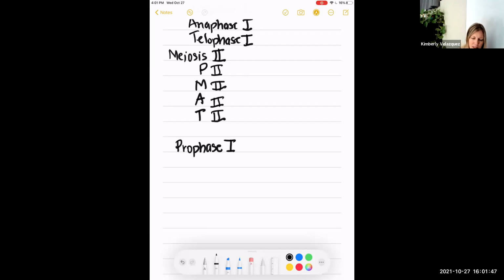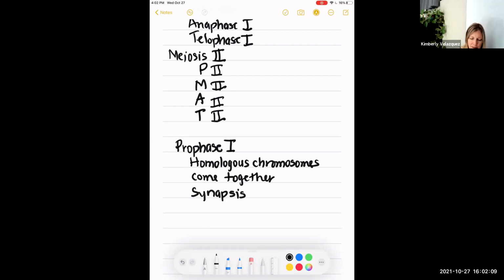In Prophase One, something pretty amazing happens, and that is homologous chromosomes come together, synapsis and crossing over occur.